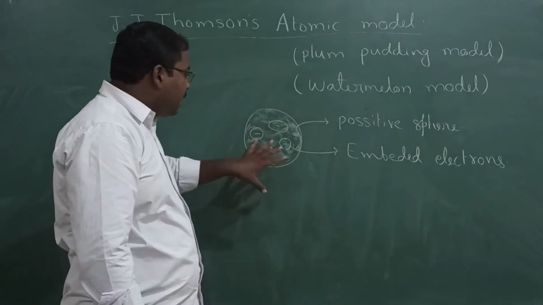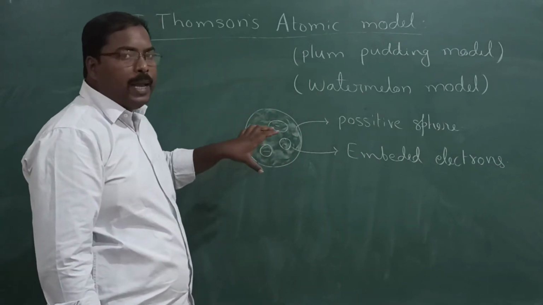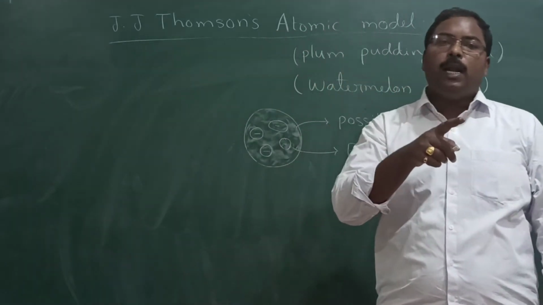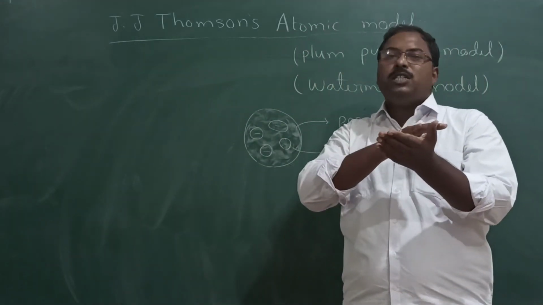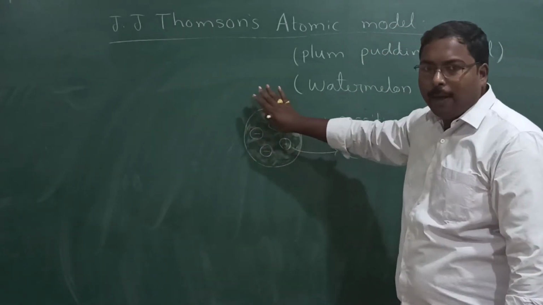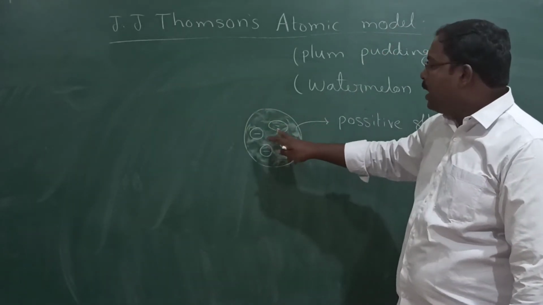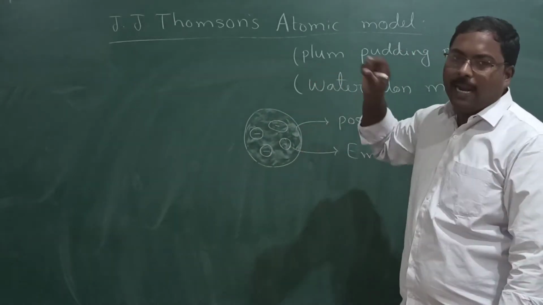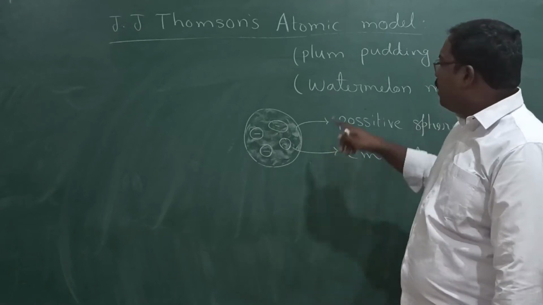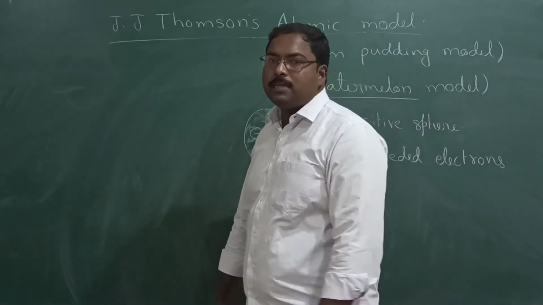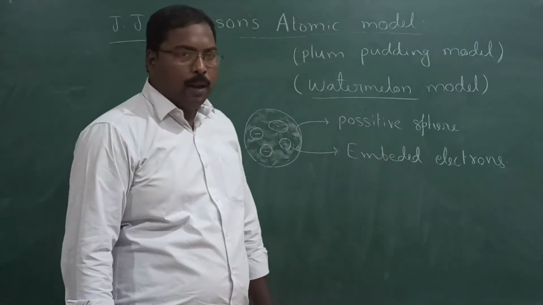So this is the structure for an atom given by Thomson. Simply, the atom is a spherical one, and the whole positive charge of the atom is spread throughout the atom, and the negatively charged electrons are embedded in the atom. Like a watermelon. That is why this is also known as the watermelon model.